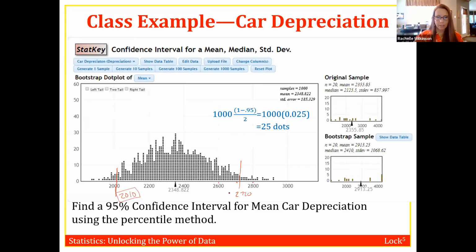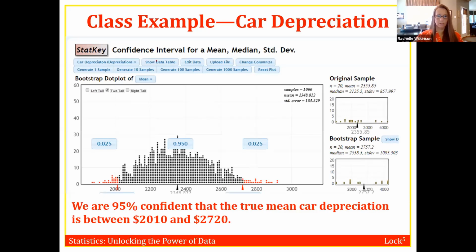So that's going to be the upper value of my confidence interval. So I'd say we're 95% confident that the true mean car depreciation is between $2,010 and $2,720.